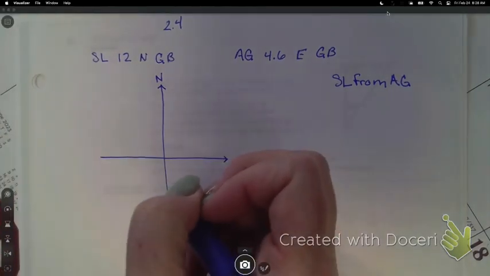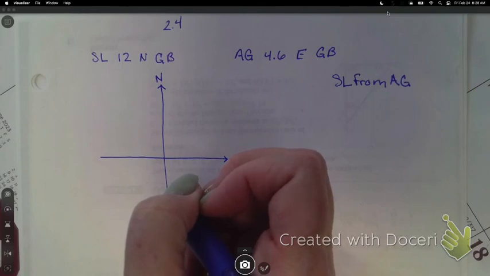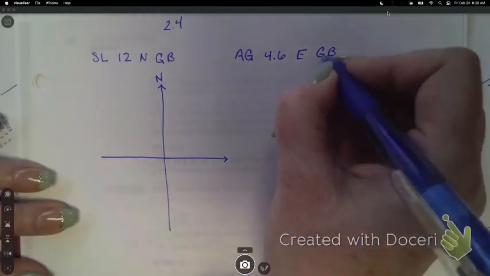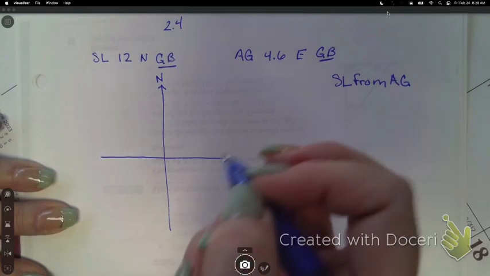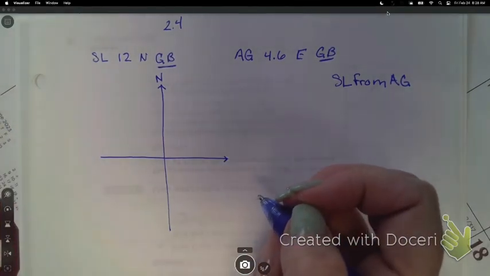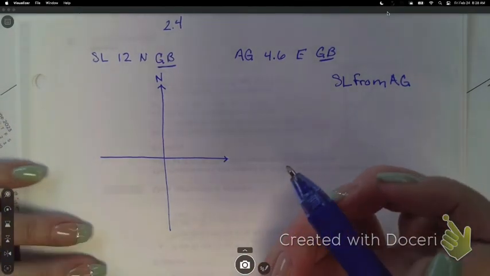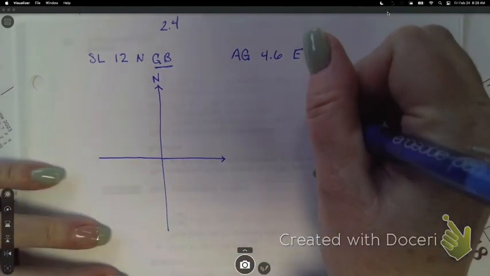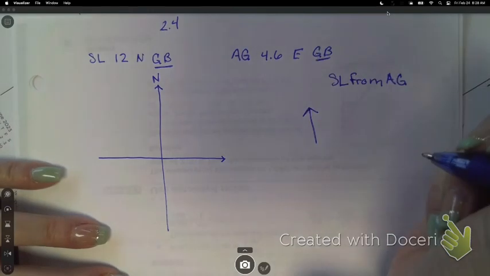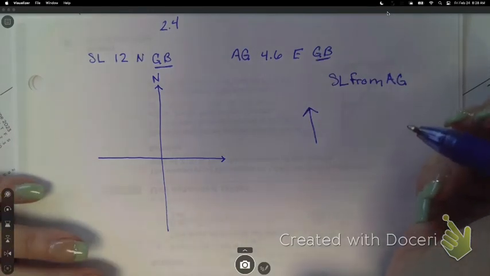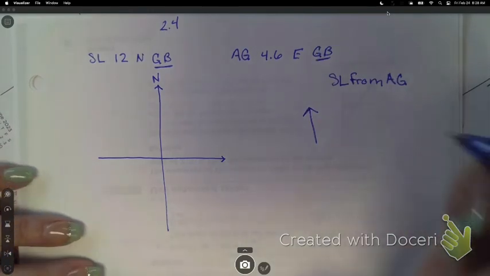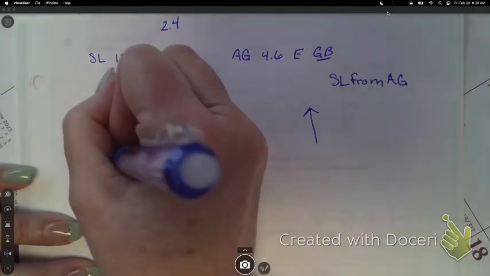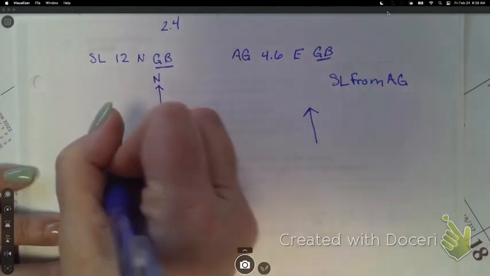Okay, so we have something that's due east. So Grover Beach is our consistent thing, right? So I don't always do this. Sometimes I'll just do a bar like that. It just kind of depends. The picture that they have given you has Grover Beach here.